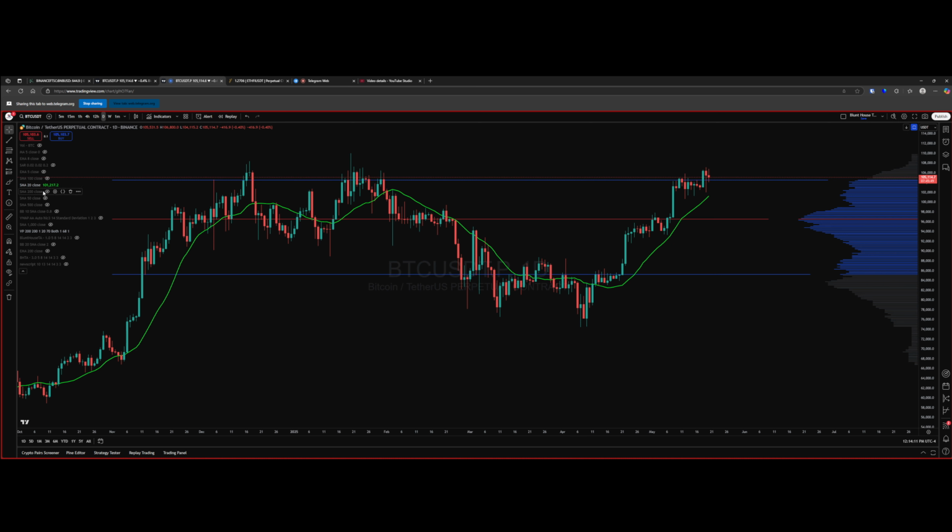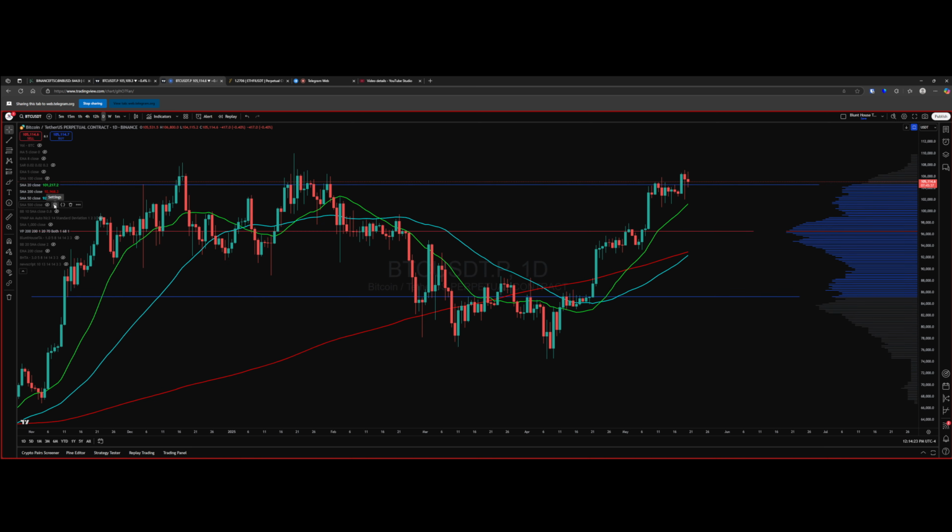What else may we want to look at? The 50, because we always know that's a key level for support and resistance. The 200, because we know that the 200-day moving average is kind of one of the most basic bull-bear indicators that we have. So it needs to be there.